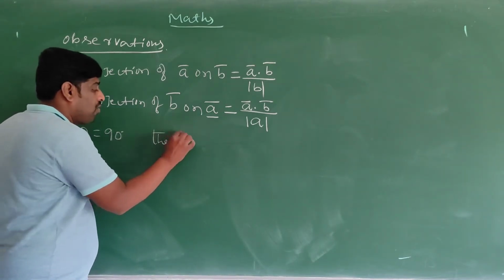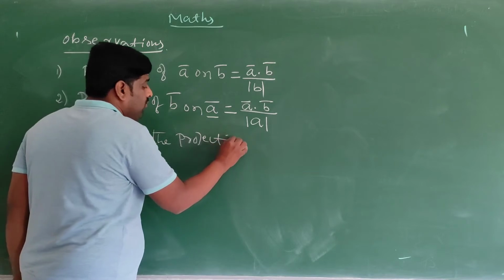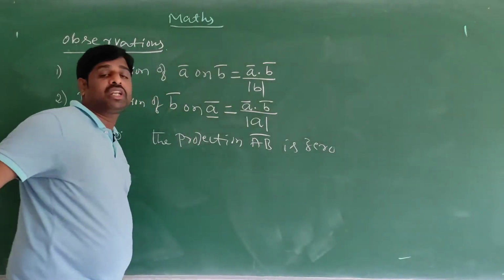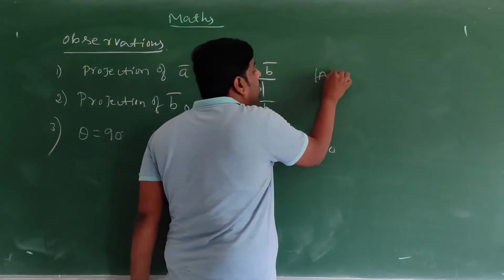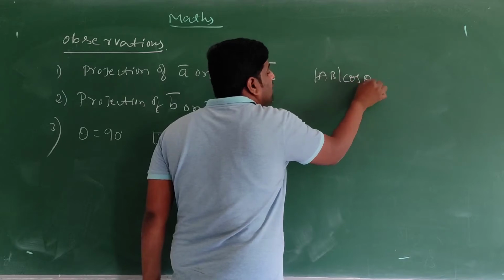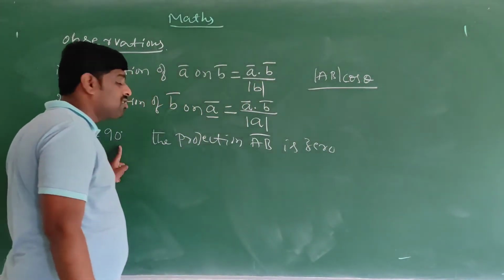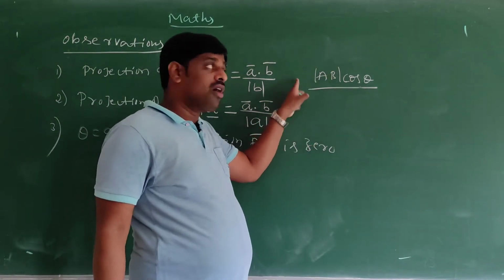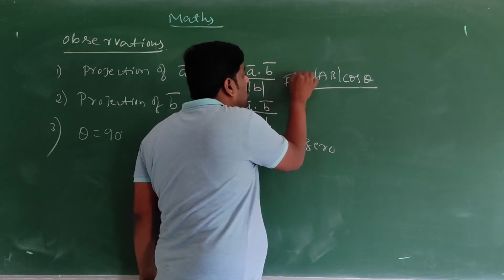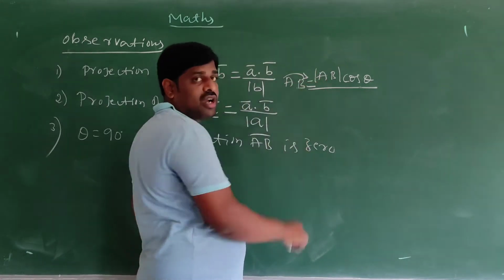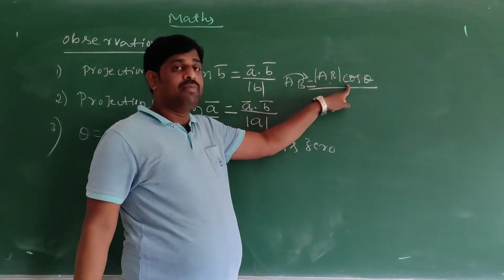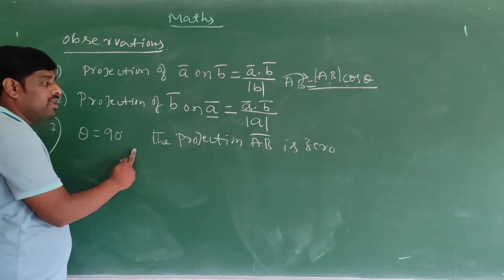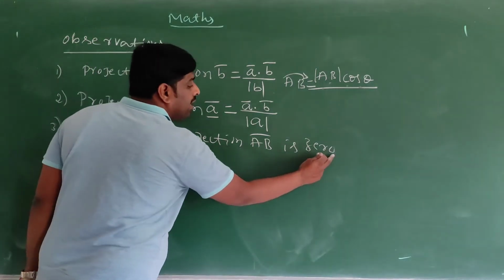Because the projection of AB bar is the magnitude of AB bar into cos theta, and here theta is 90 degrees, cos 90 is 0. Therefore, if theta is equal to 90 degrees, the projection of AB bar is 0.